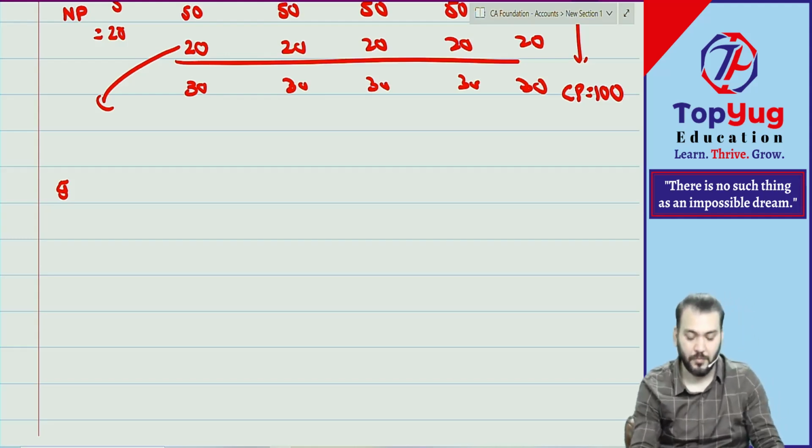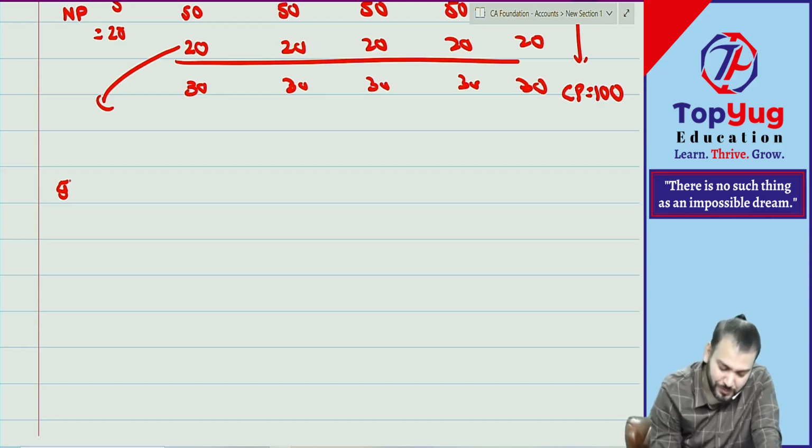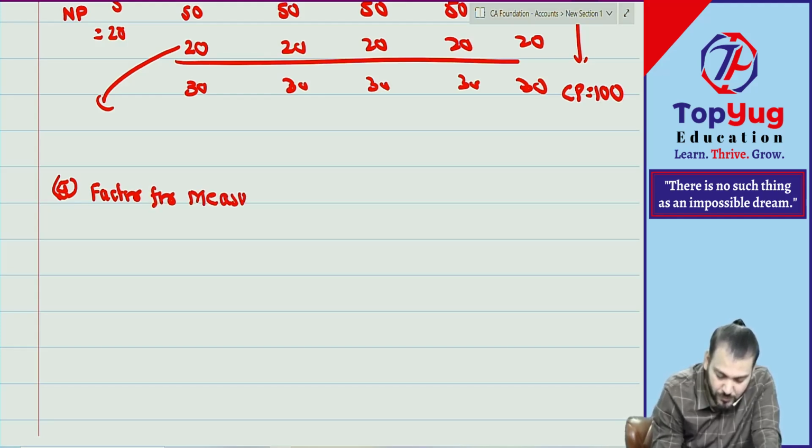Okay, now write down point number 5. Write down factors for measurement of depreciation.